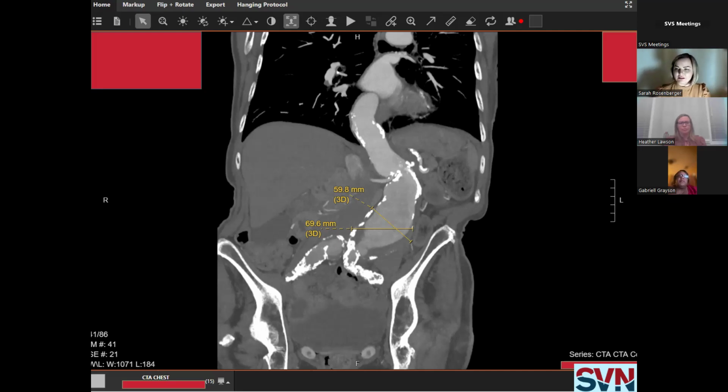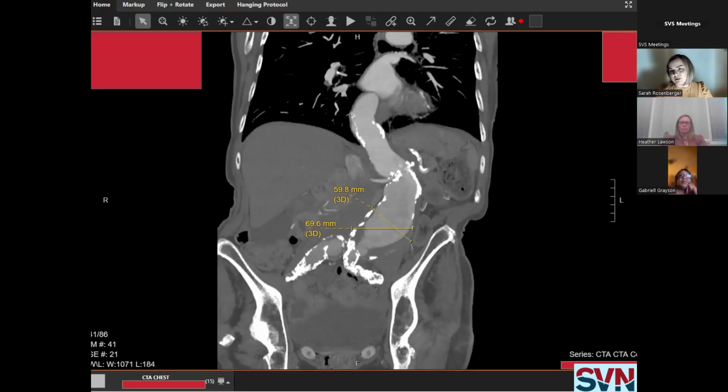So if you have a really egg-shaped or oval-shaped aneurysm on your axial planes, or the measurements that you're getting from radiology are pretty asymmetrical, you should question that in your head and say, are they actually getting a true measure? Now, in this patient's case, whether her aneurysm was 6 centimeters or 7 centimeters, she needs to have a repair. But this can become clinically significant.